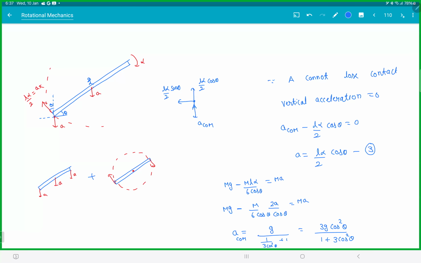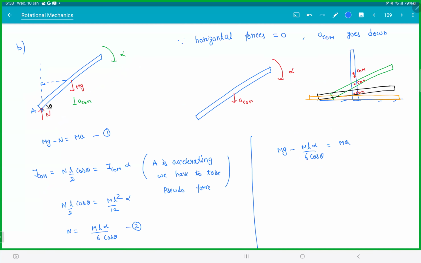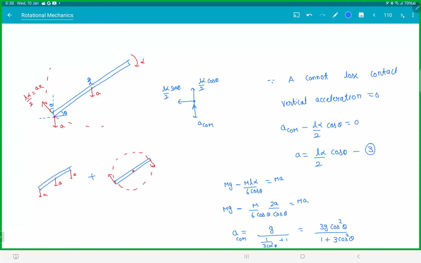Interesting. Check out the steps. So once you got the equation, it's just a matter of substitution. I hope these two equations are clear, right? Force equation, torque equation. This third one was the main thing. Please check. It's a good one. So the second part, when the ground is smooth, is an interesting one.